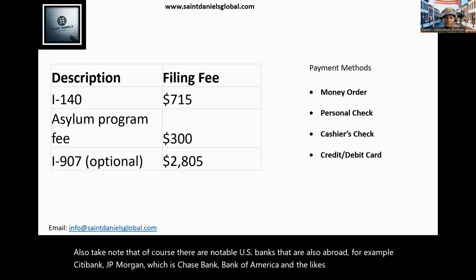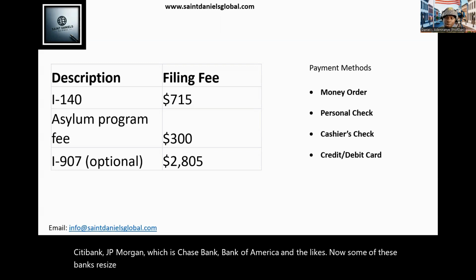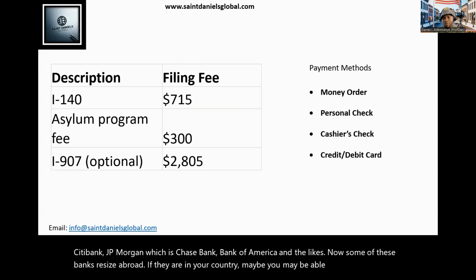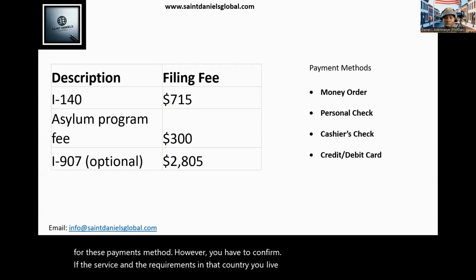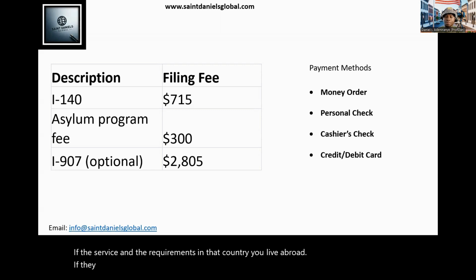Now, some of these banks reside abroad. If they are in your country, maybe you may be able to use their service for this payment method. However, you have to confirm if the service and the requirements in that country you live abroad, if they offer such services.